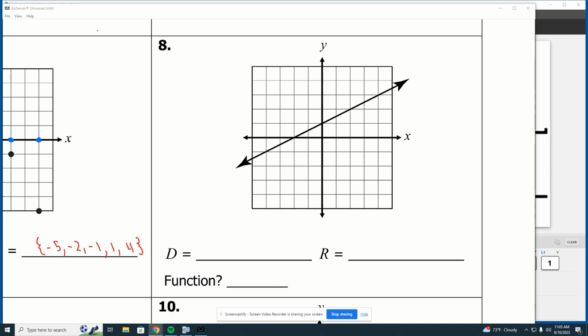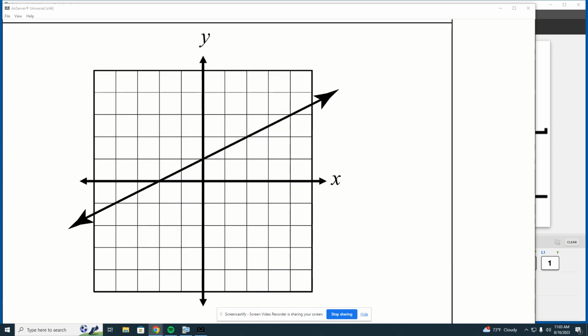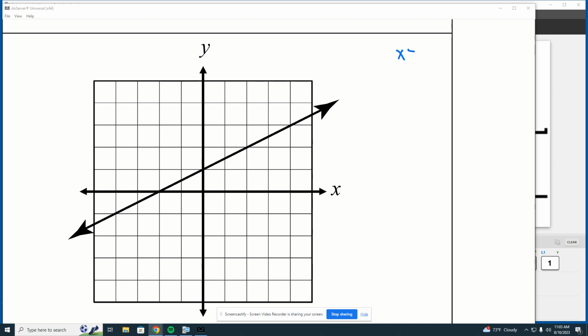Infinite or infinity, which we name with an infinity symbol. That is the interval notation for x is greater than or equal to 3. Okay? Because I'm recording this, let me just write it one more time. The inequality x is greater than or equal to 3 as an interval would be from 3 to infinity, for example.